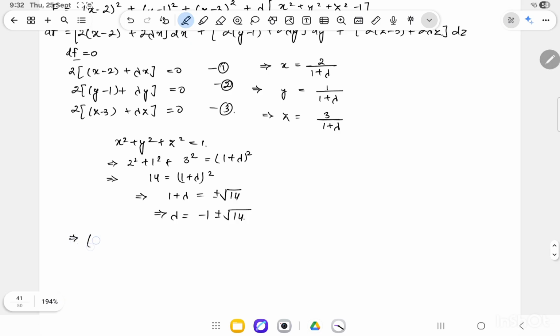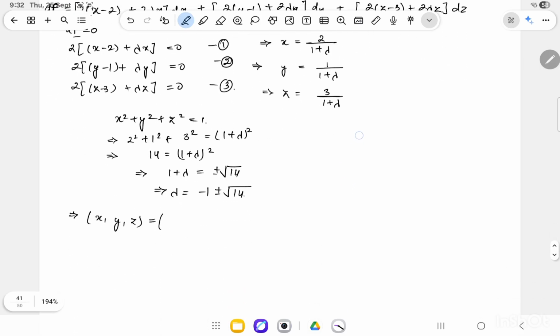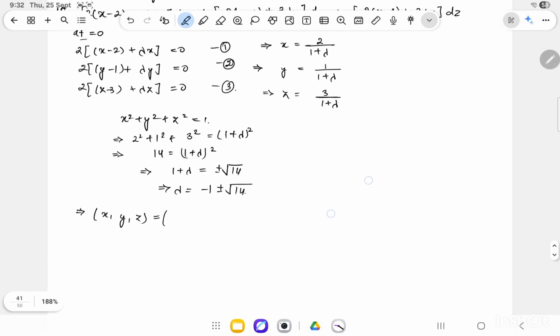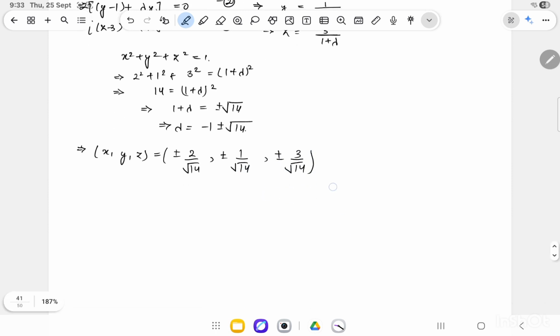So the possible points where the distance PQ can be maximum, or can attain extreme values, are plus or minus 2 by root 14, plus or minus 1 by root 14, and plus or minus 3 by root 14. So there are 2 points.